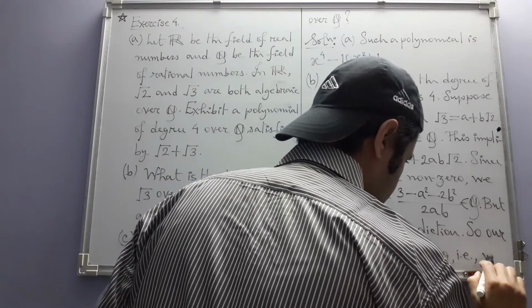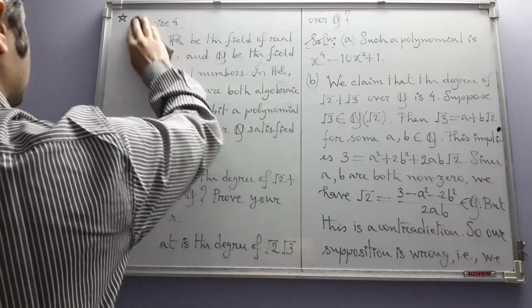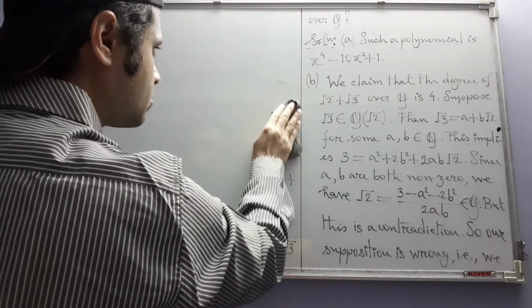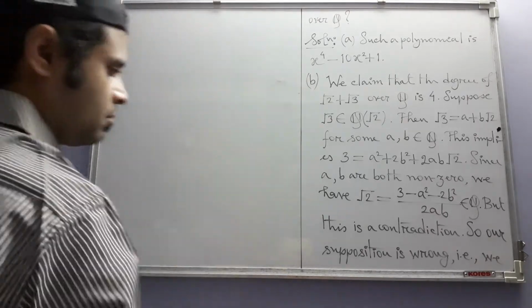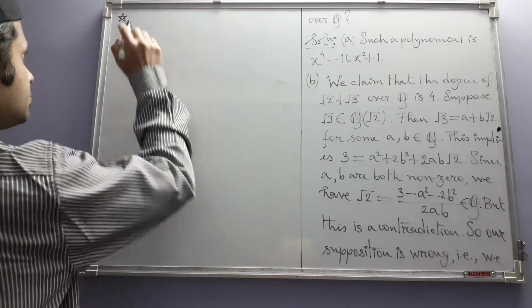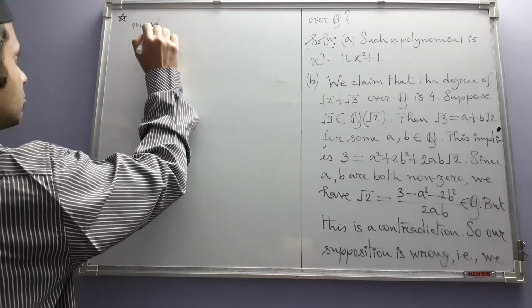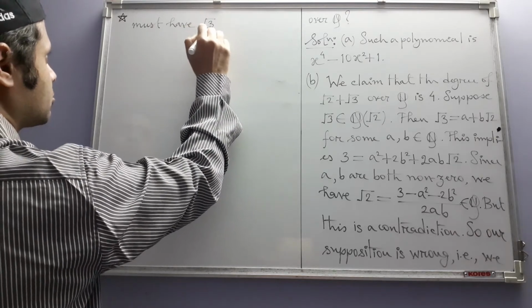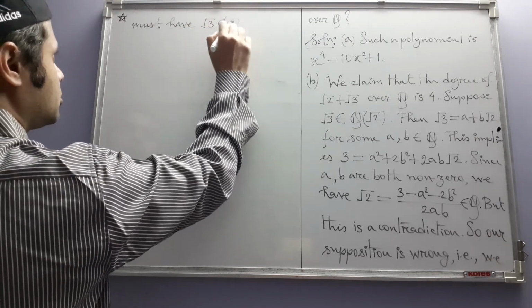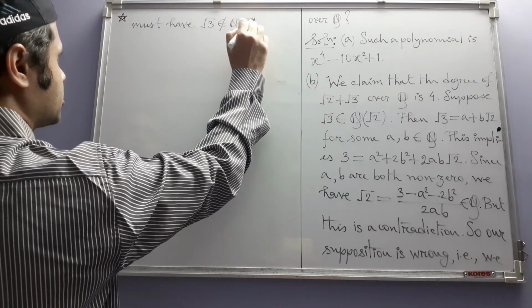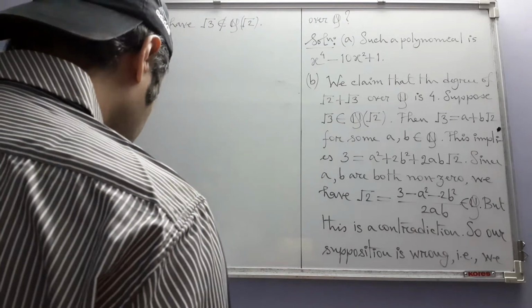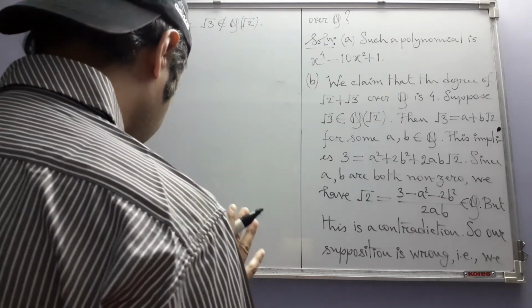That is, we must have root 3 not belonging to this extension, and the consequence of this thing is this.